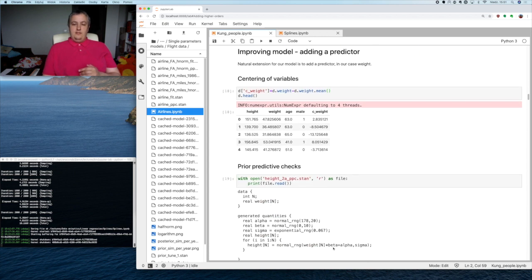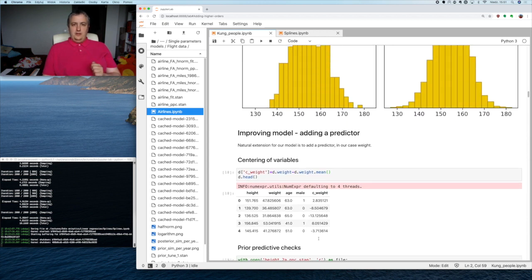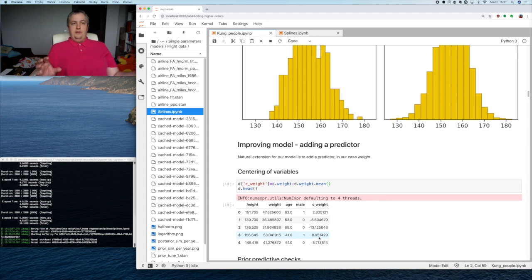If the variable wouldn't be centered, then the alpha parameter, the intercept, would mean the height we expect when the person is 0 centimeters tall, which makes no sense, because 0 centimeters tall is an embryo, so we cannot expect to create a model that considers that.